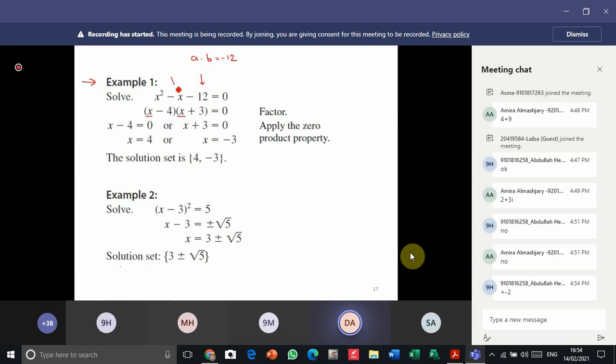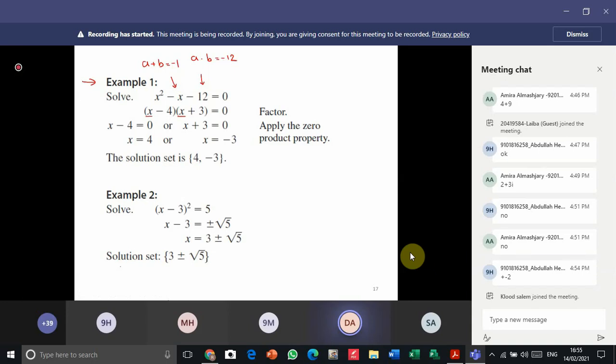Here we also need the two numbers to have addition equal to negative 1. Okay, what are the two numbers? The multiplication equals negative 12. Negative 12 means a and b are not the same sign, opposite signs, one positive and another negative.